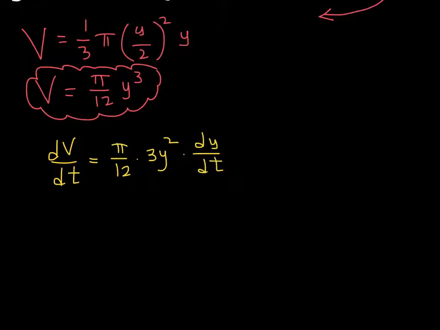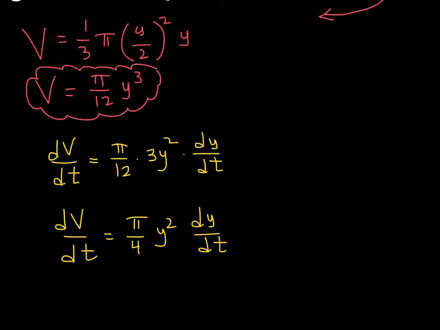That's implicit differentiation because y is a function of t. So then dV/dt is equal to, let's clean this up, pi over 4 y squared dy/dt.